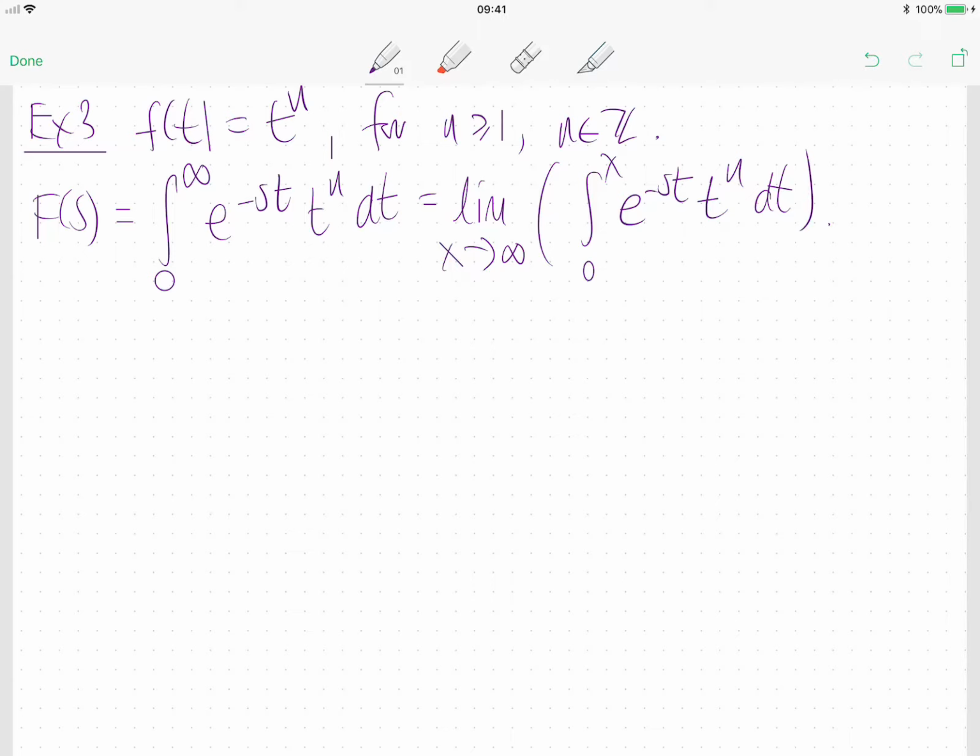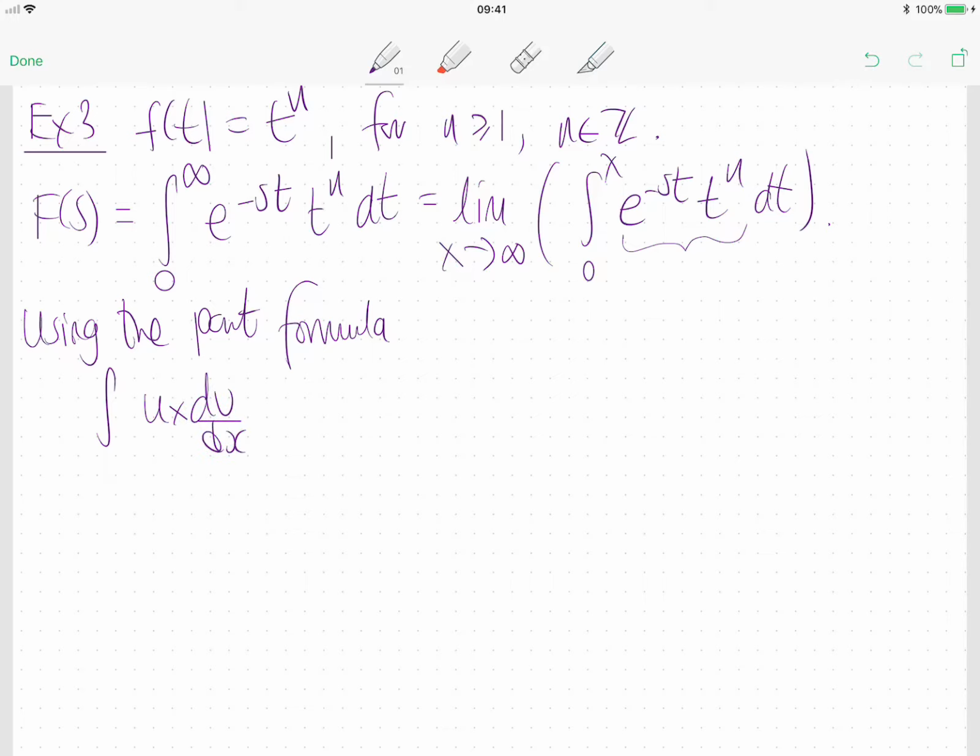Okay, so now our attention should change to focusing on how we are going to integrate this function. Well, it turns out we're going to need the parts formula. So a quick reminder, what's the parts formula? If you integrate some function which is a product, u times dv/dx, over x, this is uv, take away the integral of v du/dx over x.